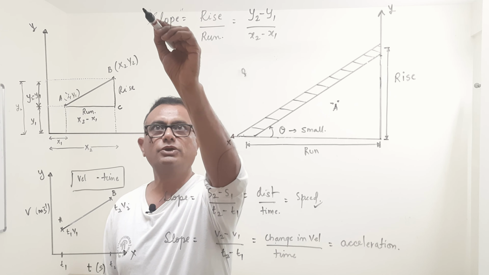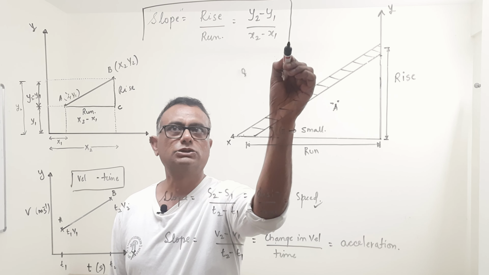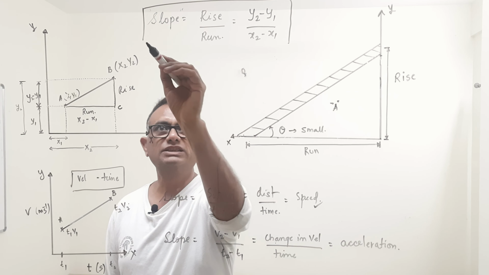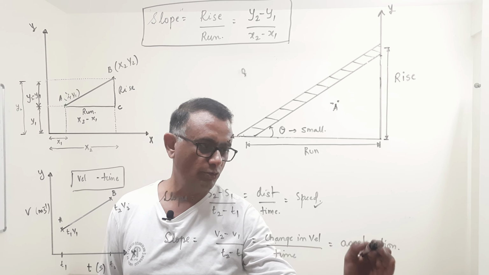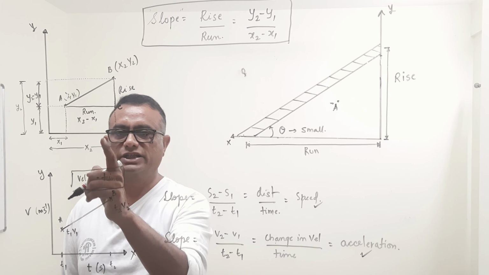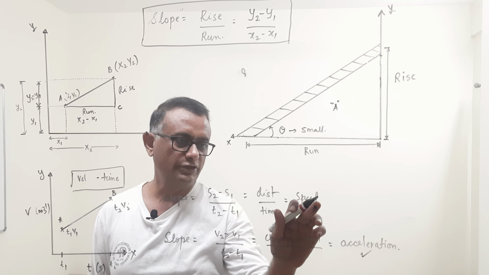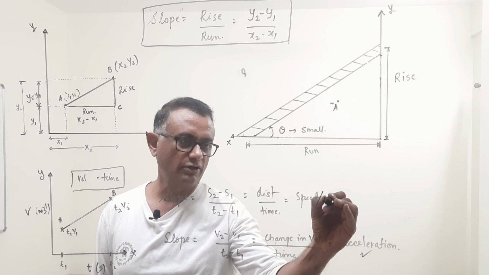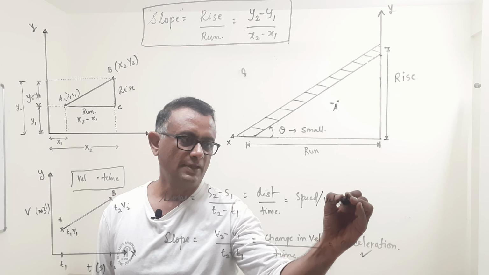The way we are computing the slope is the same, but slope means different things in different contexts. In the context of a velocity time graph, slope is going to give you acceleration. In the context of a distance time graph or a displacement time graph, slope is going to give you either speed or velocity. I hope you guys have understood this. We'll do a couple of numericals around this slope. Bye.